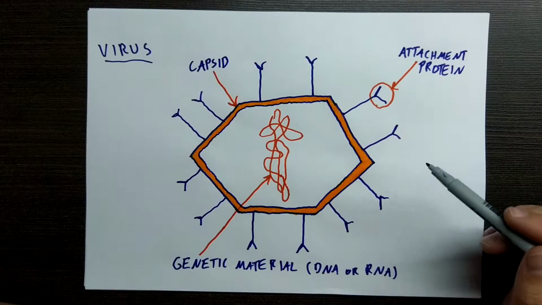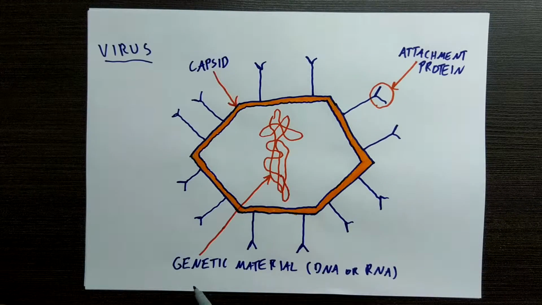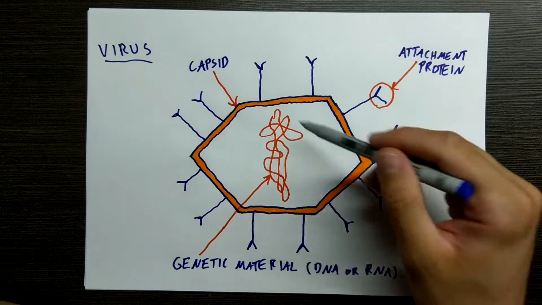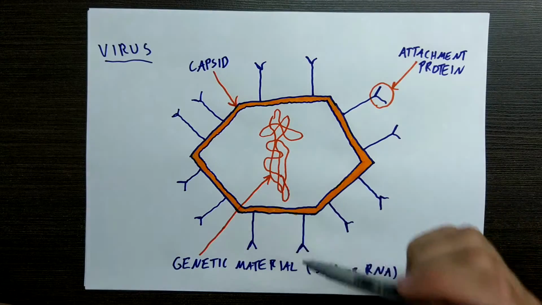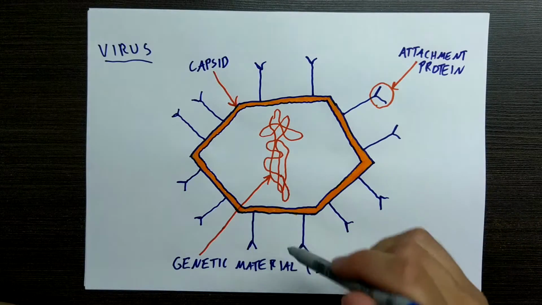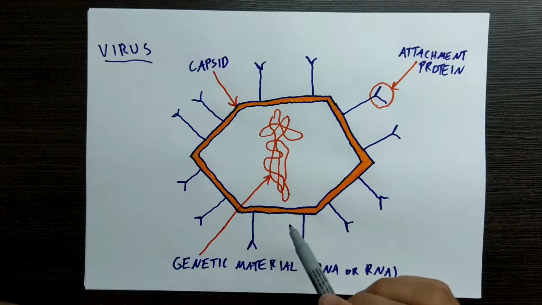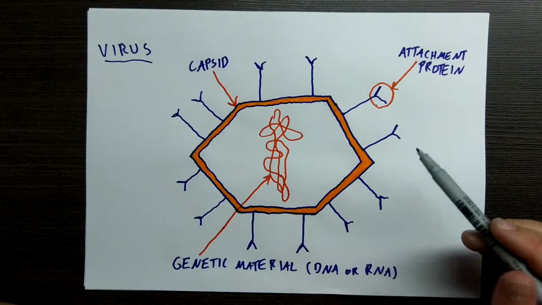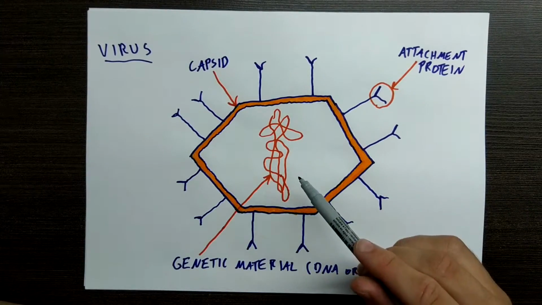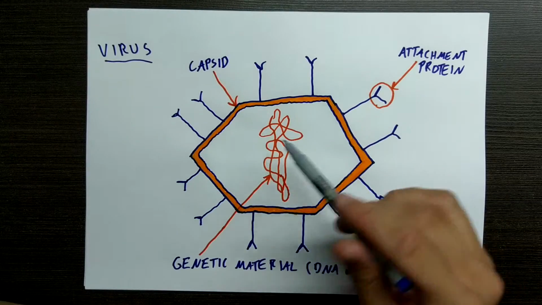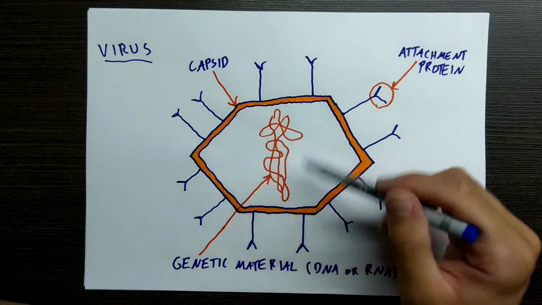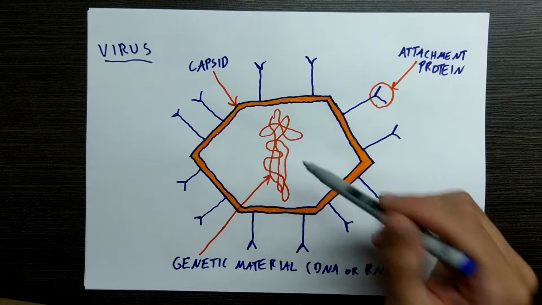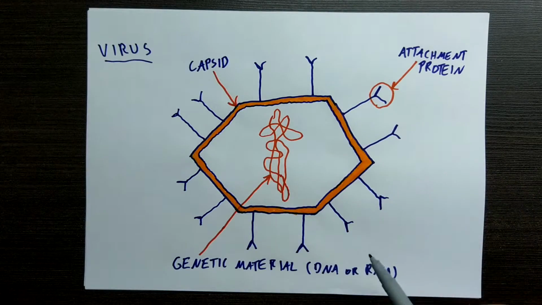And last but not least, we have genetic material. We have genetic material inside the virus that will be injected into the cell or a bacterium and will fuse with it to produce more of the virus. As you can see, there is no nucleus or anything like that. It is sort of free-flowing genetic material inside that capsid.